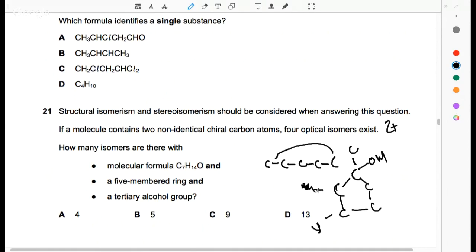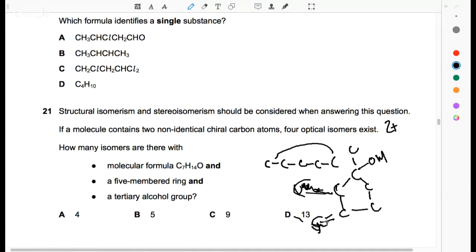And for each of them, how many chiral centers would you have? You have 1 here and 1 here, so chiral centers. We have two different structural isomers, right? This one, that one.